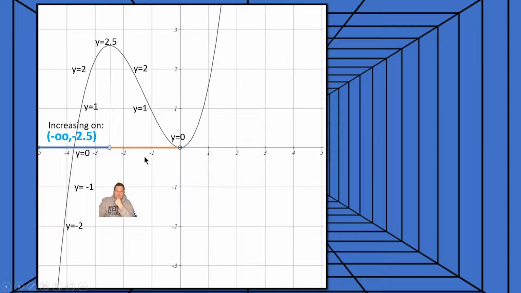So I would describe this by saying that it is decreasing on the interval -2.5 comma 0, and both the -2.5 and the 0 get parentheses because those values themselves are not actually included.